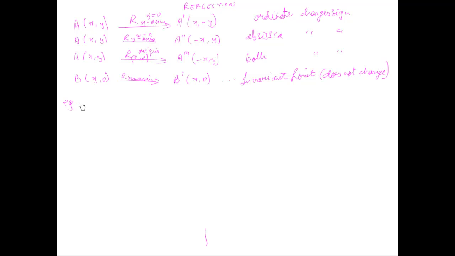Question says: a point P, coordinates A, 3 comma 4, is reflected to P dash in the x-axis. O dash is the image of O, the origin, reflected in line A dash.